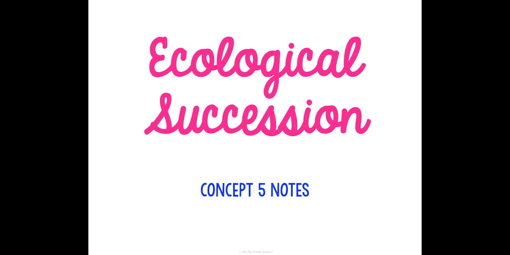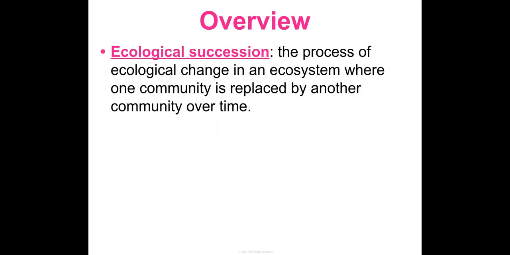Okay, 5.5, ecological succession is the next lesson we're going to talk about. Ecological succession is the process of ecological change in an ecosystem where one community is replaced by another community over time.